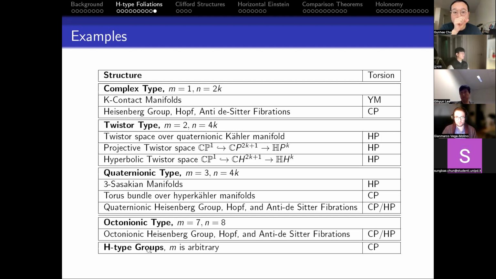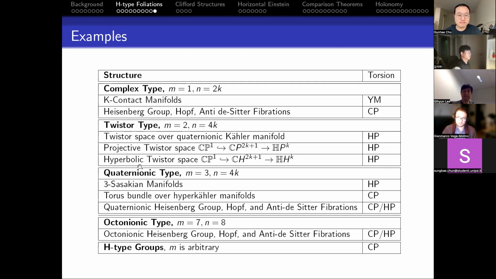So H-type groups, the Heisenberg groups, Hopf and anti-de Sitter fibrations, which are low-dimensional models of, well, people claim the universe sometimes, but at the very least, they're curved models of these things. K-contact manifolds are just weaker generalizations of these things. Since you have these, it's not surprising that you get Sasakian and 3-Sasakian ones, quaternionic spaces.